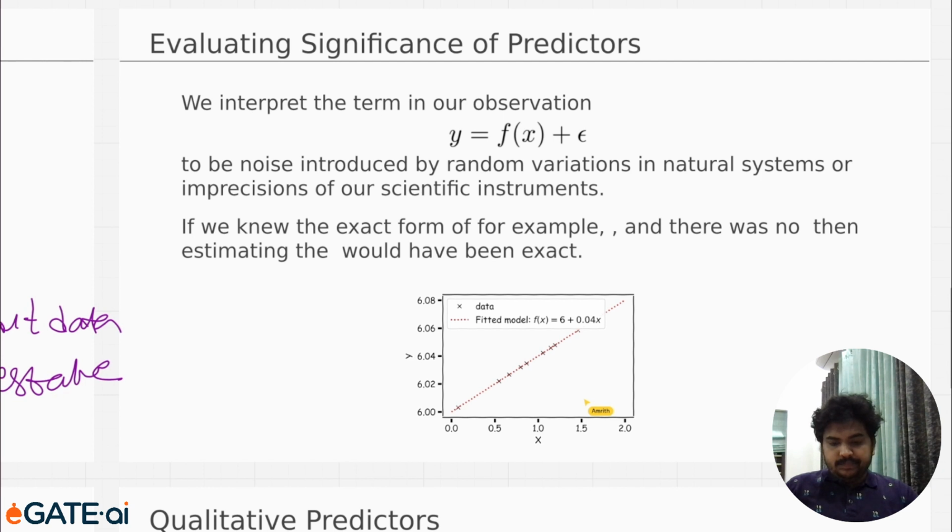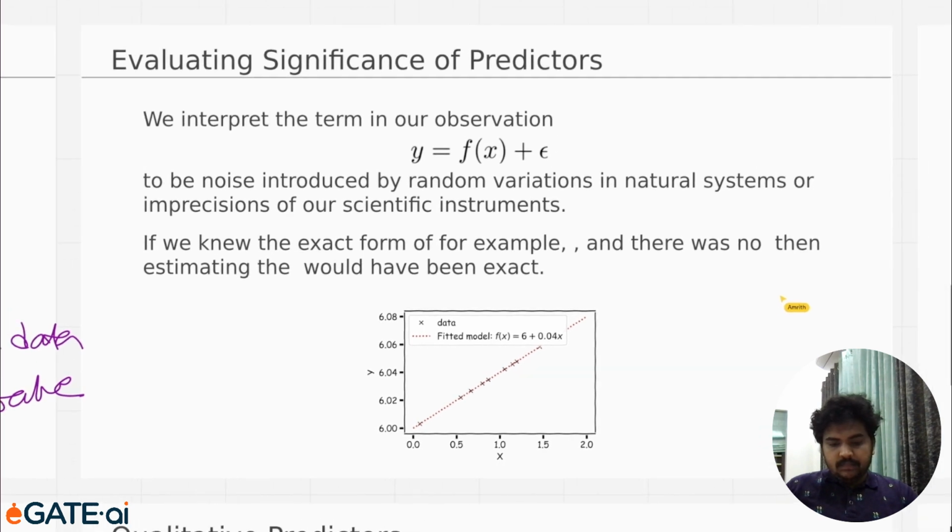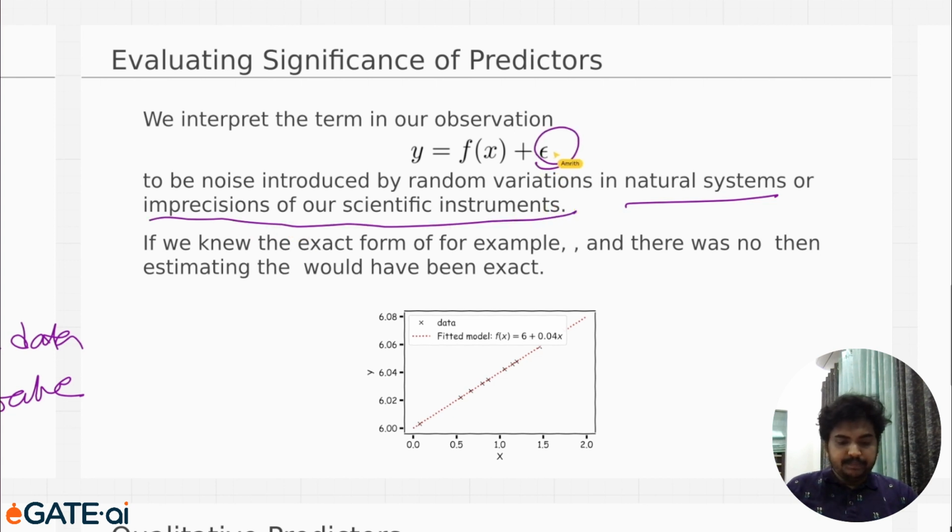Now if you're looking at evaluating the significance of predictors, we interpret the term in our observation, y is equal to f of x plus epsilon, epsilon being noise introduced by random variations in natural systems or imprecisions of our scientific instruments. So it's basically the standard error.